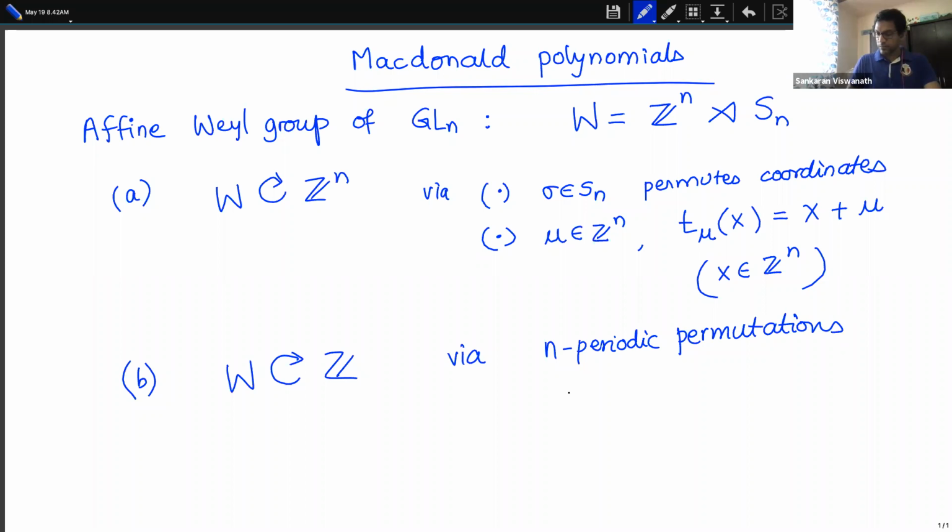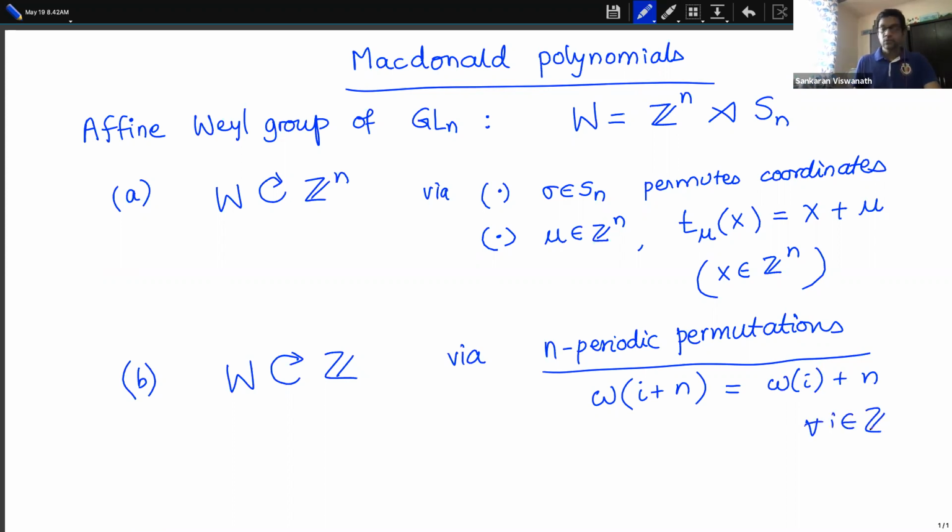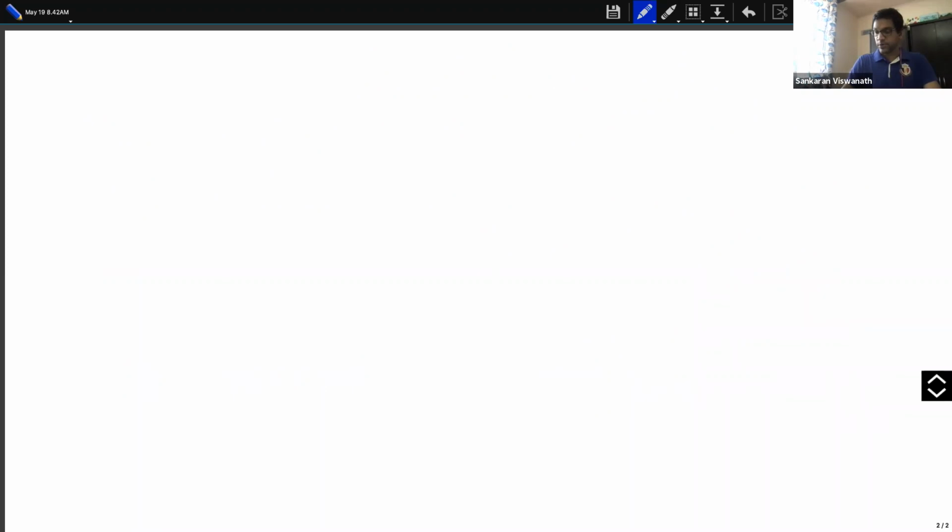So what is an n-periodic permutation? It satisfies the following property, that W acting on the integer i plus n is determined once you know W on i. It's just W(i) plus n for all i in Z. So there is an action of W on the set of integers where the elements act as n-periodic permutations.